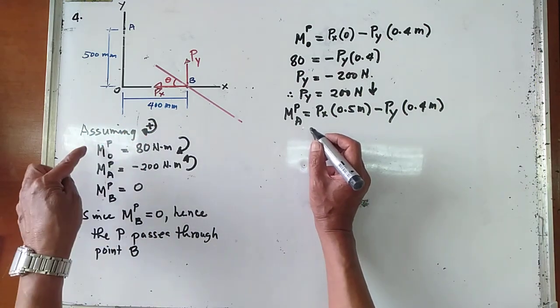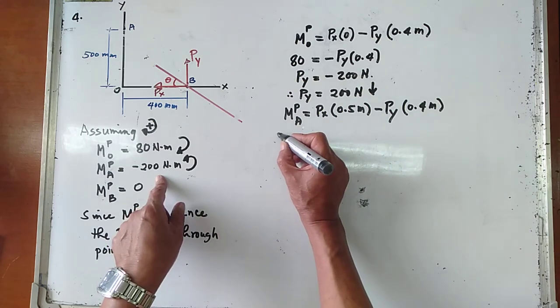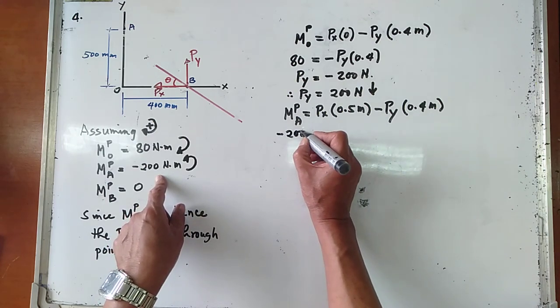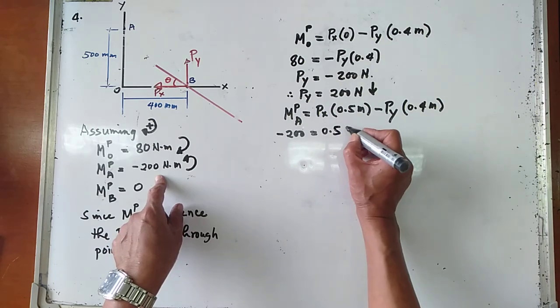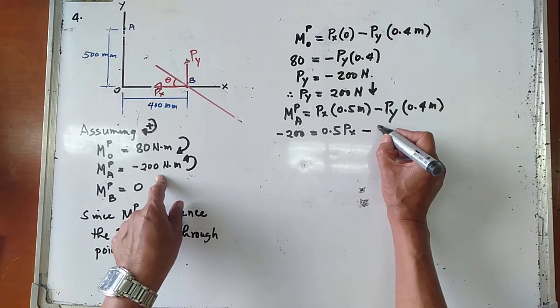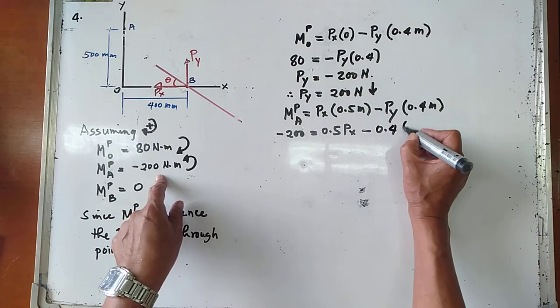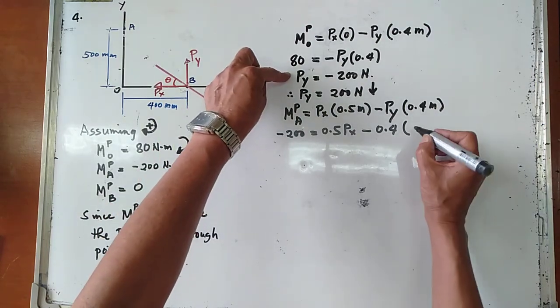Since we assume clockwise, the 200 newton meters will now become negative 200, and that is equal to 0.5 Px minus 0.4 times Py, where Py is negative 200.